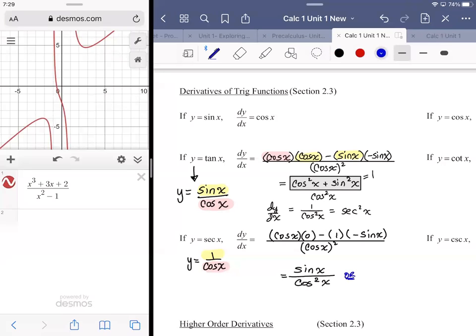We can break it up so that it's 1 over cosine times sine over cosine. 1 over cosine is the same as saying secant of x. Sine over cosine is the same as saying tangent of x. So we could say dy dx is equal to really any of these, but the one that you'll find in a textbook is this one.